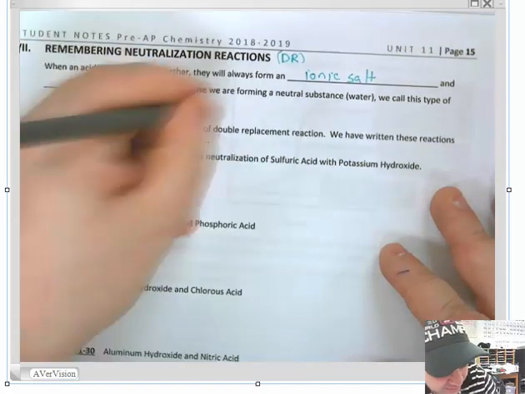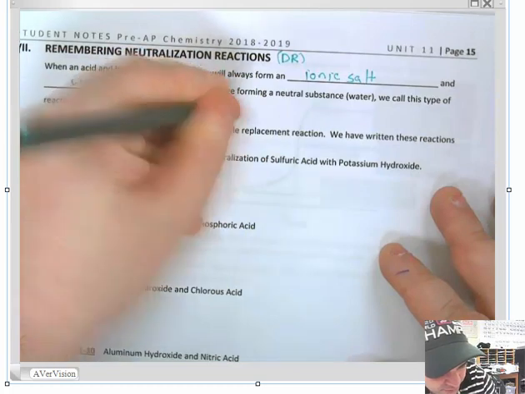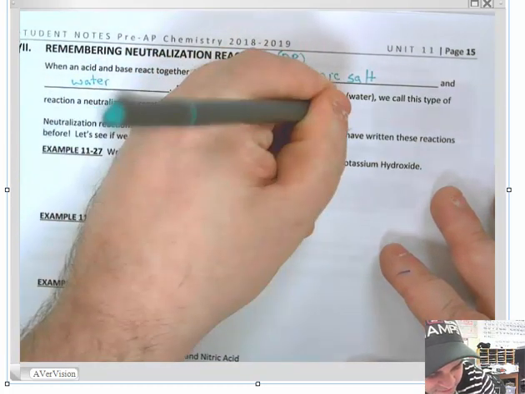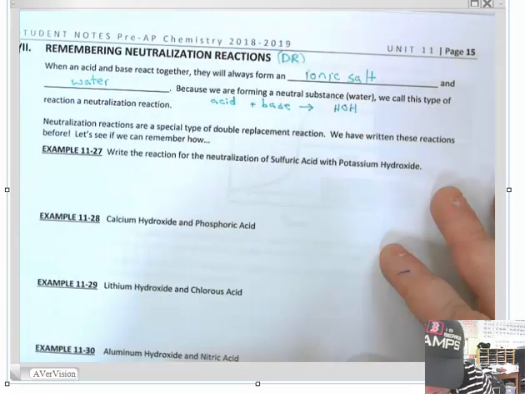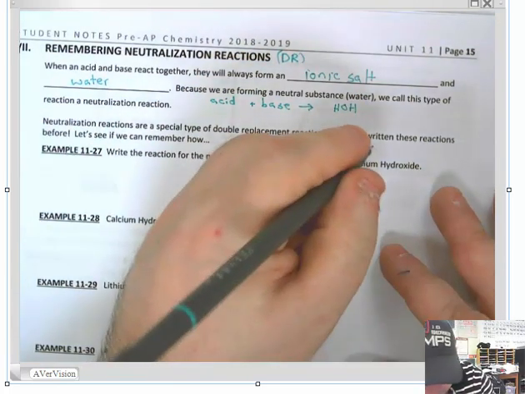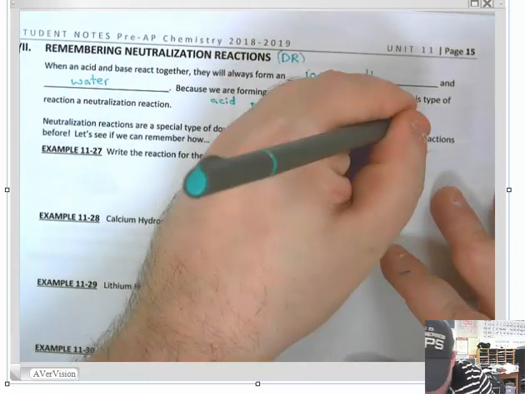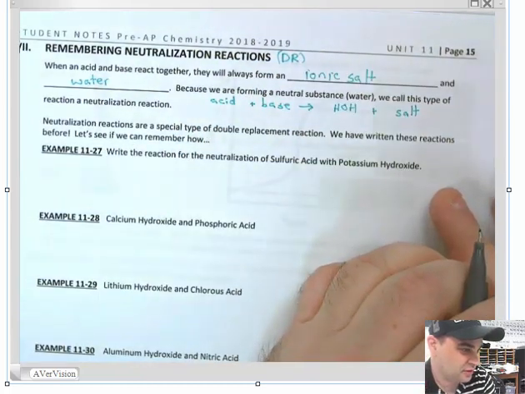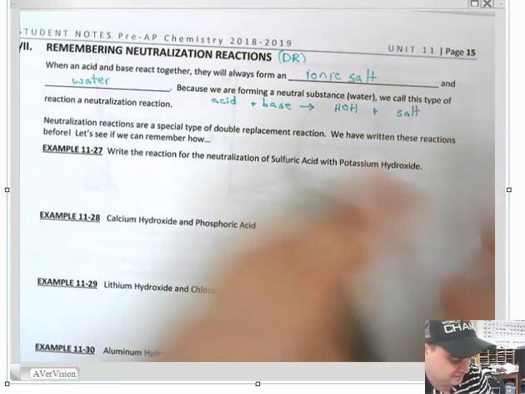So you're going to see acid plus base goes to water, which is always HOH, and a salt. Remember, the definition of a salt is any ionic compound.